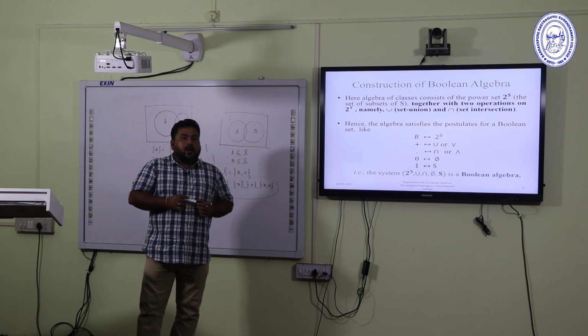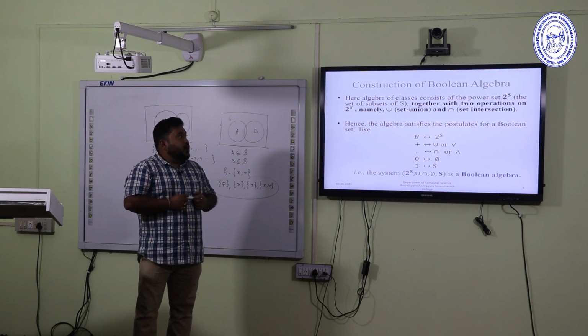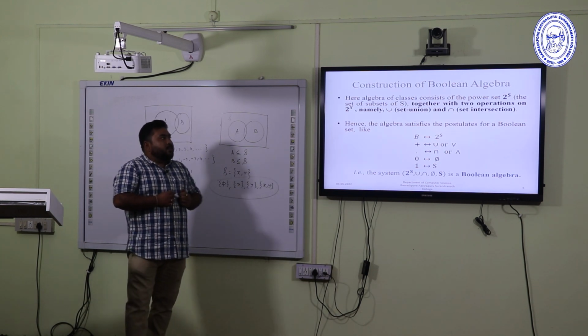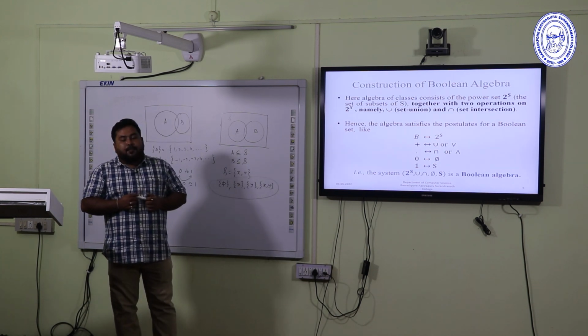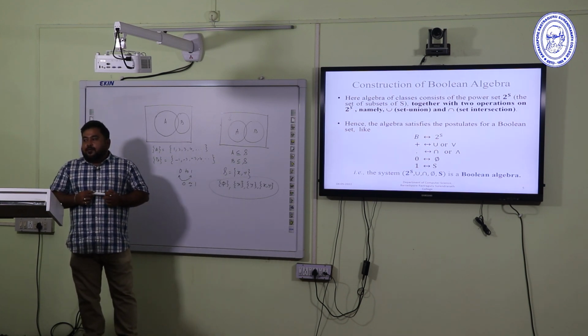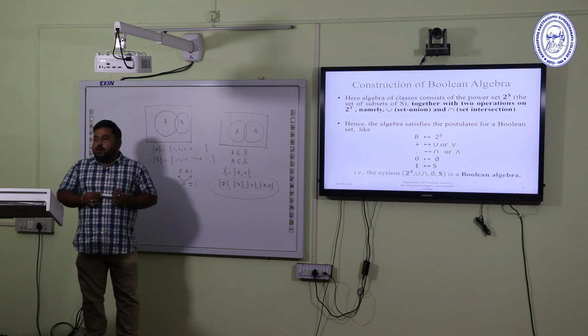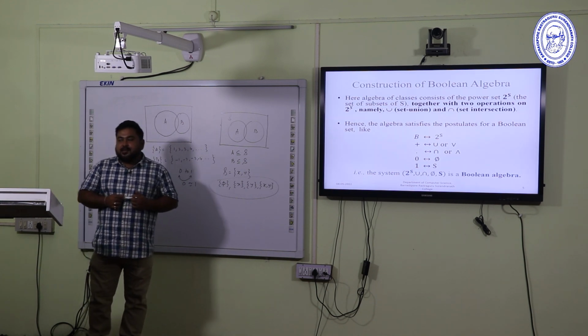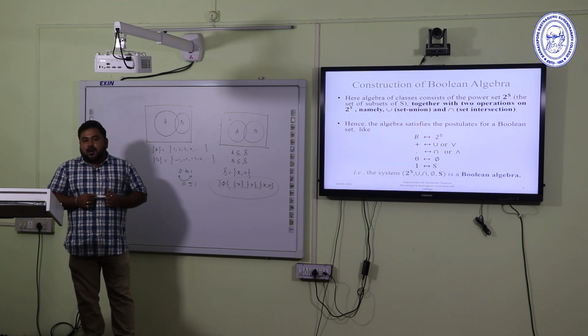Now I am explaining the construction of Boolean algebra. Here the algebra of classes consists of the power set 2 to the power S, the set of subsets of S, together with two operations, conjunction and disjunction. Conjunction means set intersection and disjunction means set union.